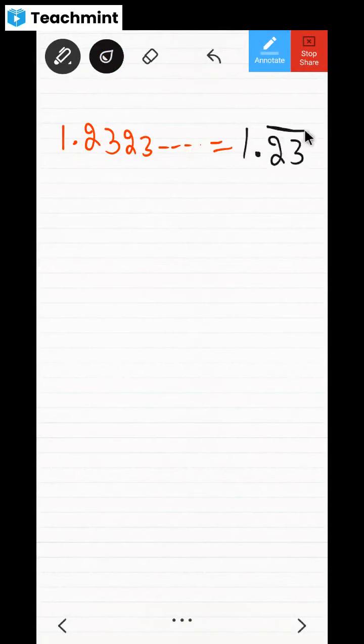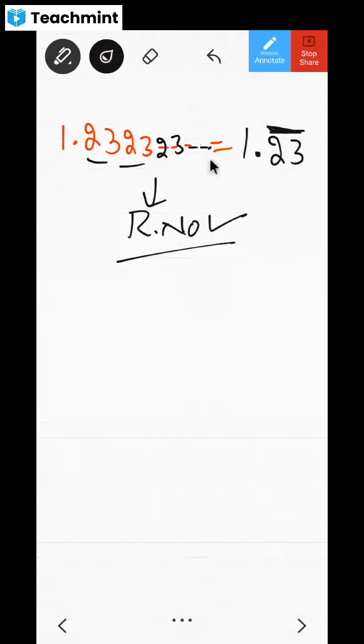The meaning of writing this bar is that it is getting repeated again and again. Such numbers are also called rational numbers. Is it a rational number? Yes, of course, because the decimal expansion is repeating.